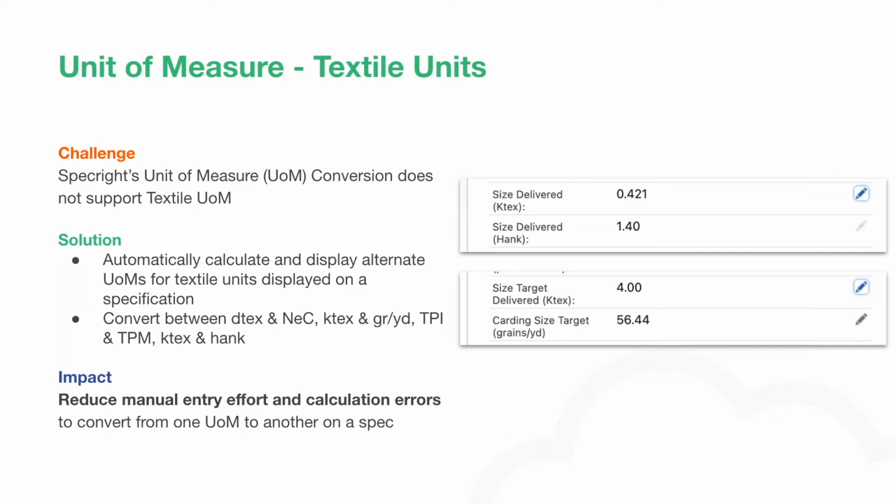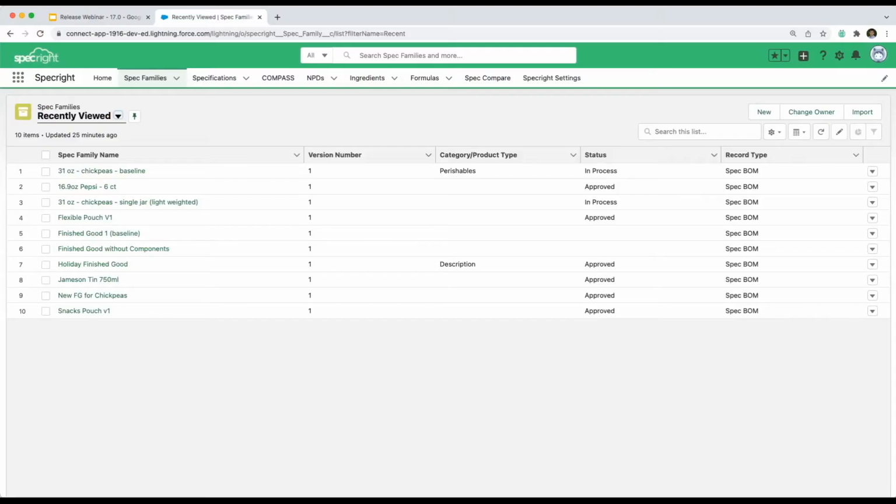Now let's jump into a couple of live demos of the features, and I will start with a demo of the Compass integration. All right, so here I am within Specright, and I'm on the spec families of the finished goods screen. So the Compass integration, like I mentioned earlier, is really to enable you to run LCAs or lifecycle assessments on your finished goods.